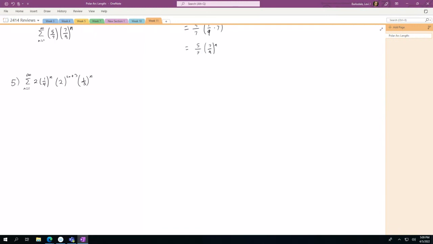Two squared times 1/8 is what? So what's the ratio?